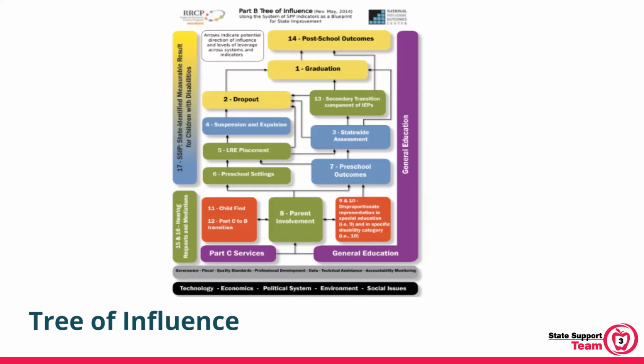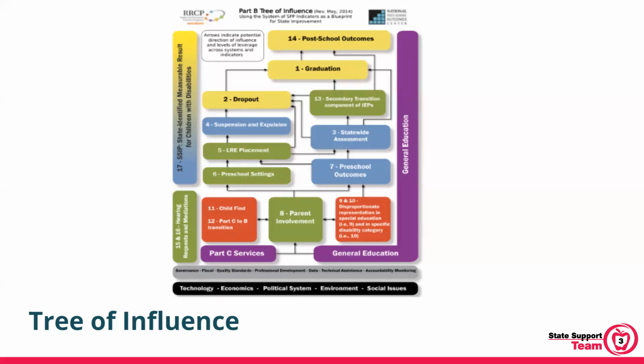Indicator 4, the suspension and expulsion. Obviously, there's a lot of data to support that if a school district is exceeding the targets for their suspension and expulsion rate, clearly that is also going to have an effect on graduation and dropout.